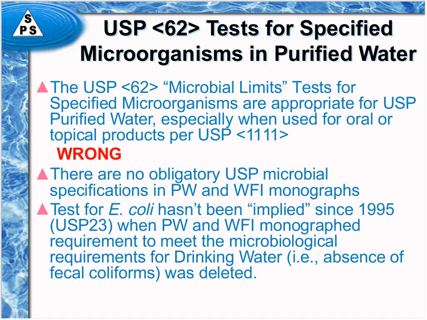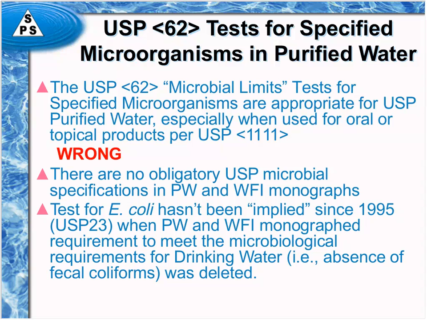Now, if you go back, way back into the 90s, 1995 or USP 23 was when the implied specification for E. coli was deleted. It was in the 1990 USP, which was USP 22, where it said for its microbial content that you had to meet the expectations of drinking water.